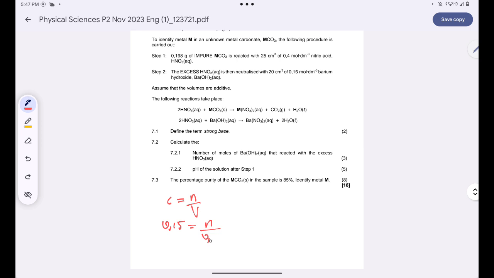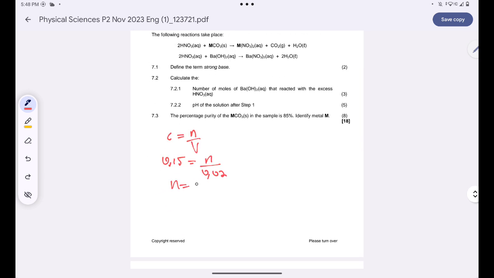My volume, I will convert to cubic decimeters by dividing by 1,000. This gives me 0.02. So the number of moles which completely neutralize the acid is 0.15 multiplied by 0.02.